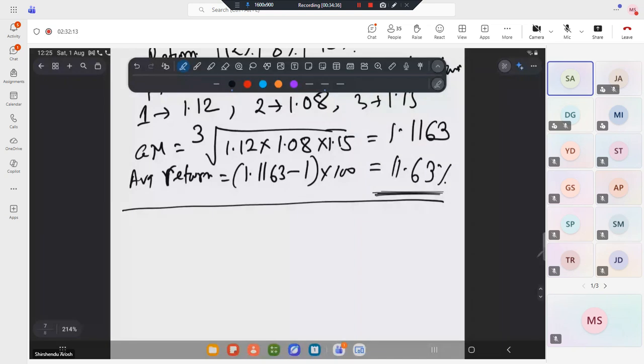What about the weighted part? The weighted example could be something like this. A company sells three product categories.